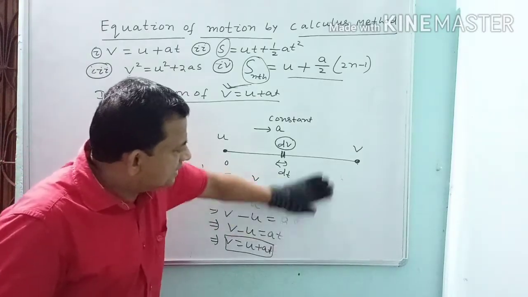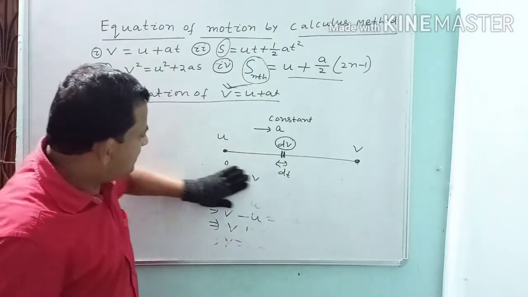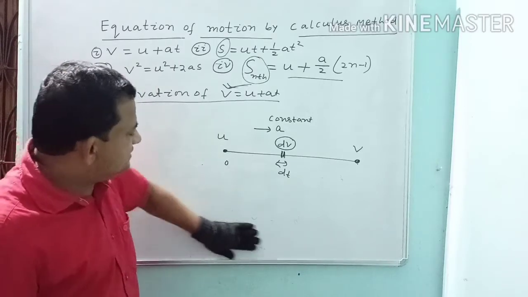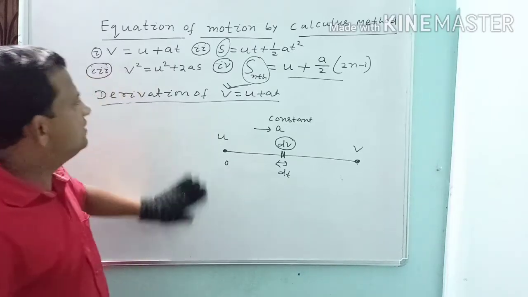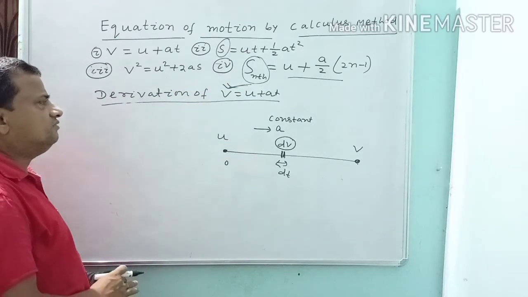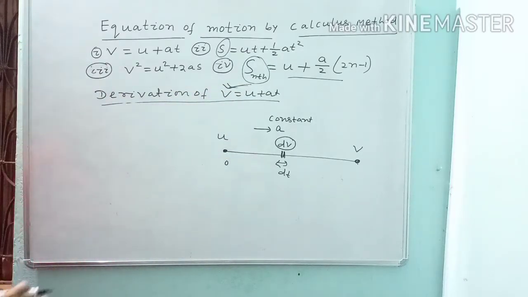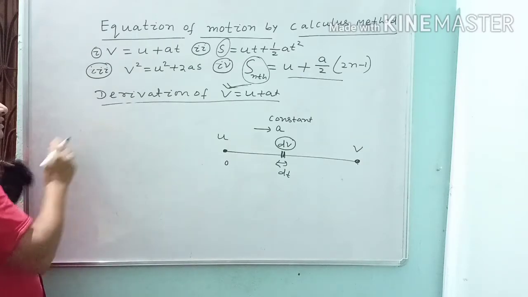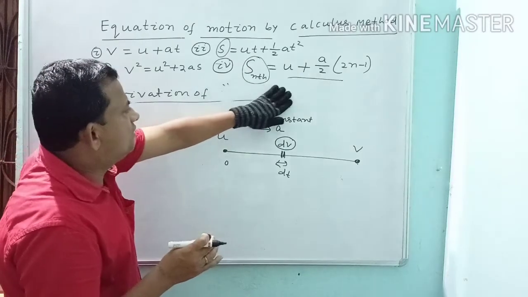How to derive the second one, that is s is equal to ut plus half at square. Same thing students, you see.